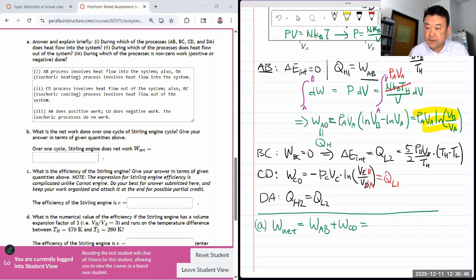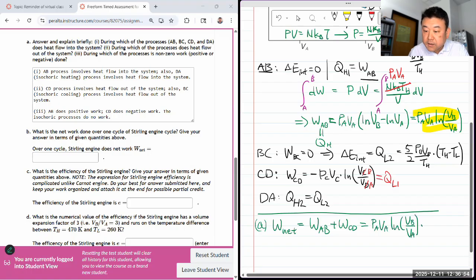Writing it out, it's PA VA natural log of VB over VA minus PC VC natural log of VB over VC.